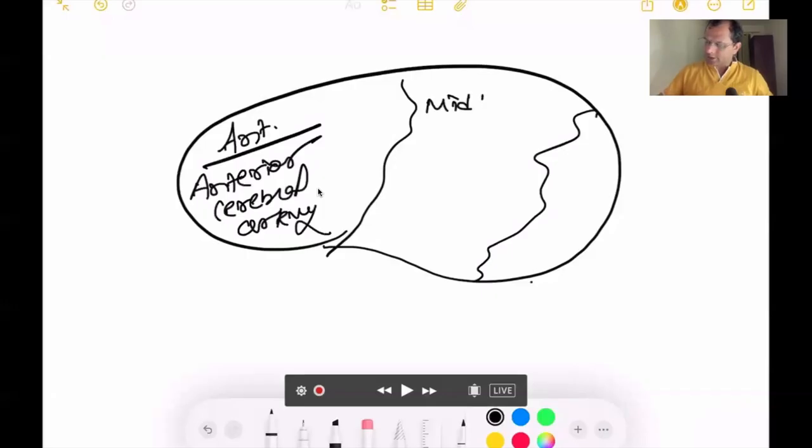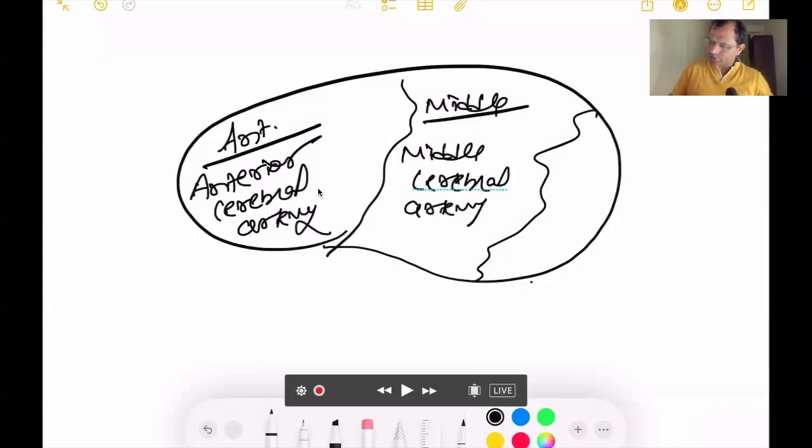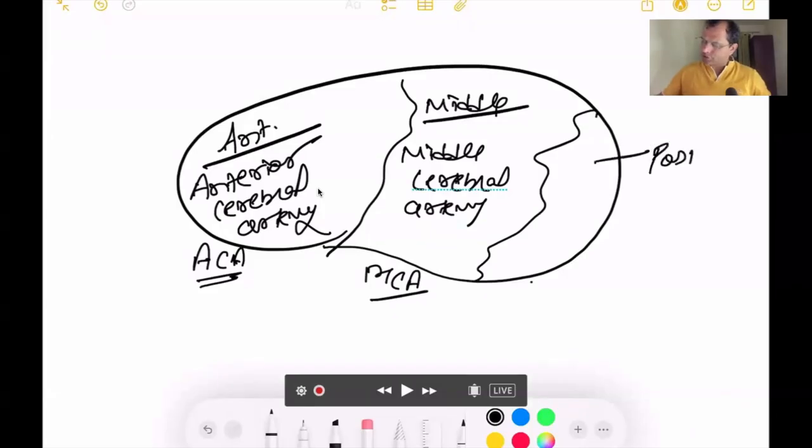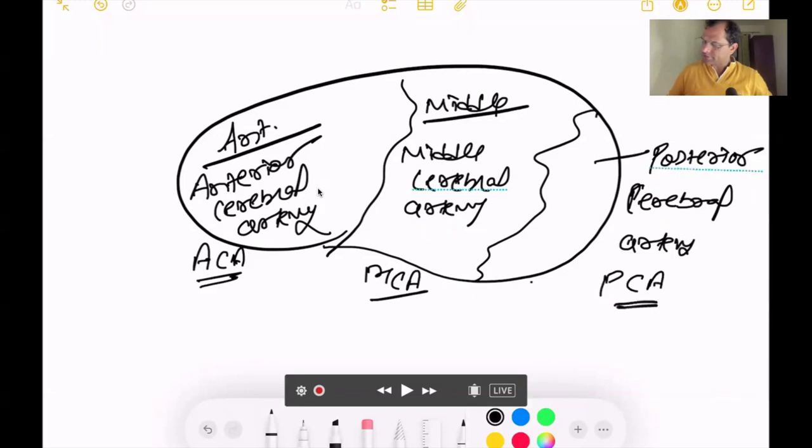The middle part is supplied by the middle cerebral artery. In short, we can write ACA, anterior cerebral artery, and MCA, middle cerebral artery. The posterior part of the brain is supplied by the posterior cerebral artery. We can write PCA.